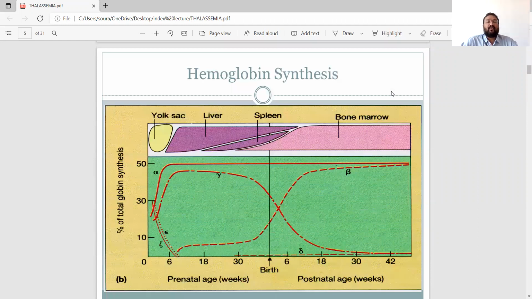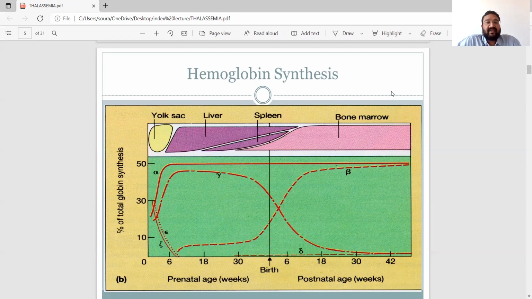Now, a few words about hemoglobin synthesis. Hemoglobin synthesis during intrauterine life occurs in the yolk sac during the first 6 weeks. After that, the liver takes over the responsibility of producing blood, and the spleen also participates in the production of hemoglobin at around 16 to 18 weeks.